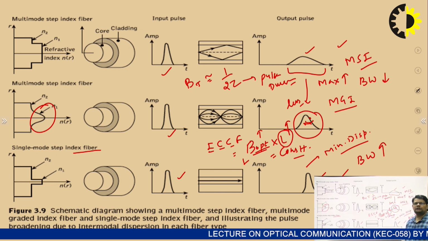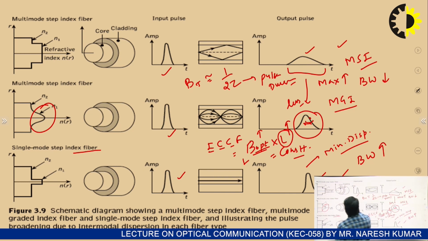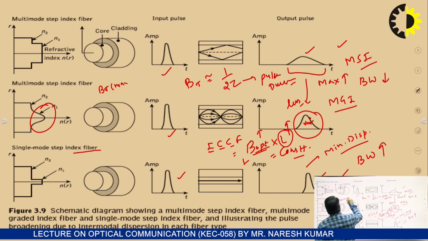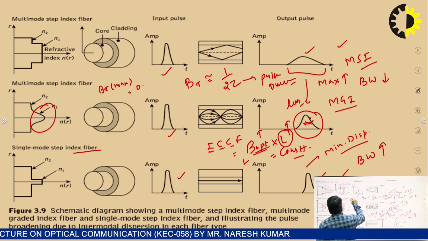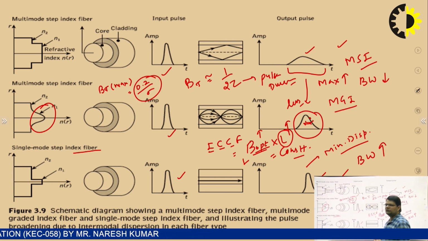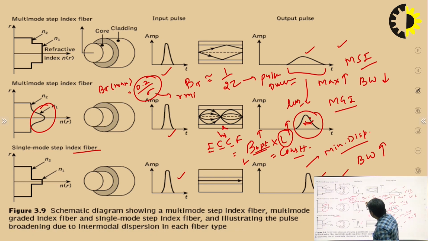In the case of a Gaussian pulse, we can also represent this as Bt max nearly equal to 0.2 over sigma, where this sigma is the RMS pulse broadening or RMS value of spreading.